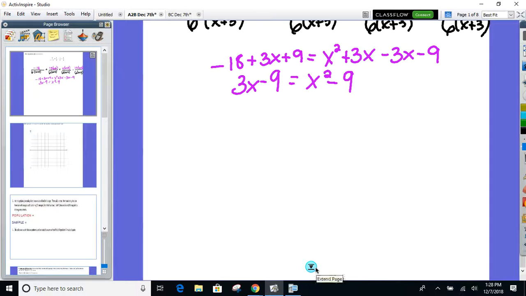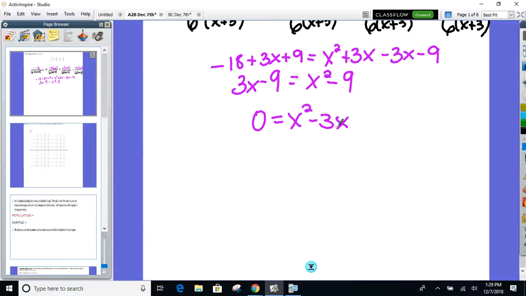All right, what do you want to do now? Can't factor until what, though? You are right, we are going to factor in a second, but not until what? Got to get one side equal to 0. I love it that you said factor, but not until one side's equal to 0. So let's move all the 3x minus 9 over. You'll get x squared minus 3x. And what happens with the 9s? See ya.